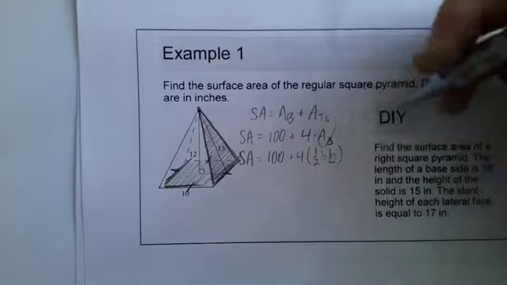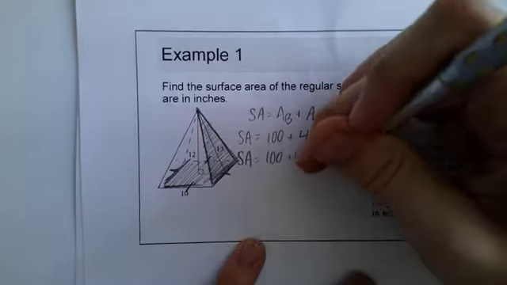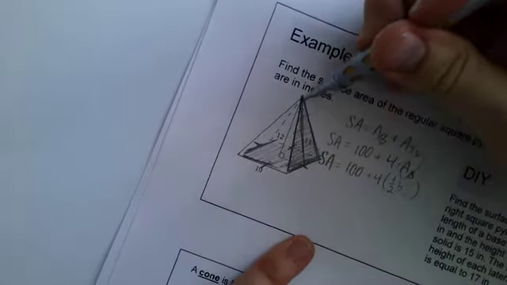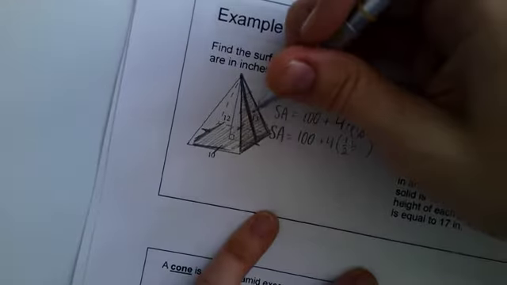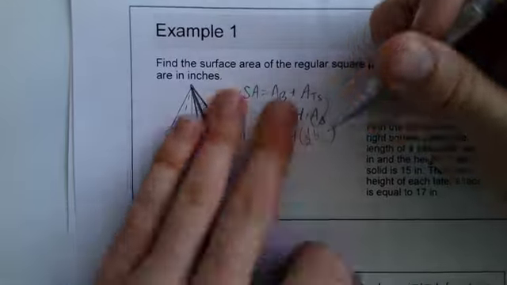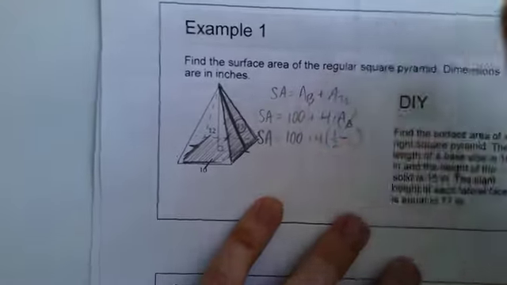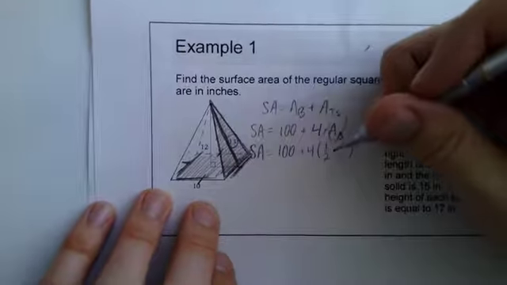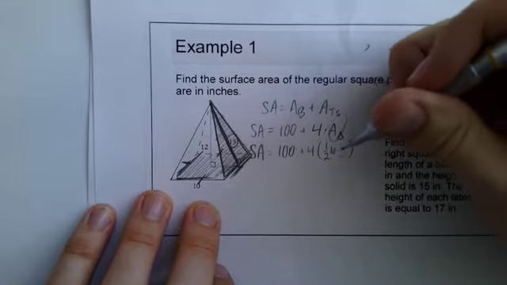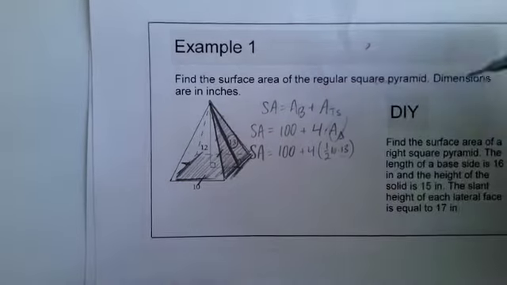In this case, when I say h, I don't mean the height of the entire pyramid. I mean the height of the triangular face, which is actually the slant height, 13. They gave us that. And the base of that triangle is the same as the length of this base, 10. So it would be 10 times 13.